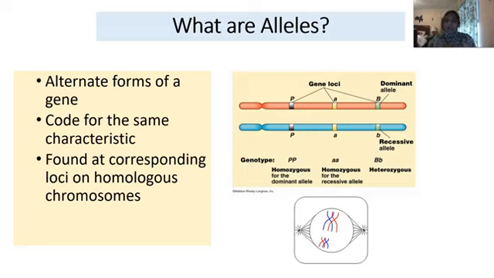Those are different traits, characteristics that are coded for by alternate forms of the same gene many times. So it's the same gene sequence, just a slightly different variation that leads to a different phenotype, different physical features that we see. If it's an allele, it's always going to be found on corresponding loci, so the same place on homologous chromosomes, that exact same junction.